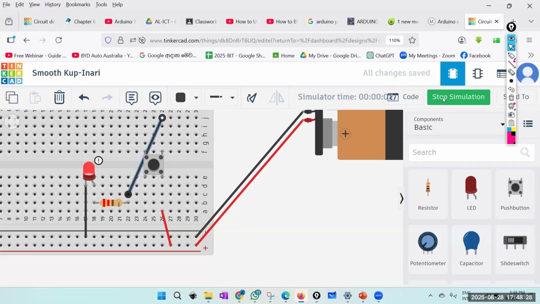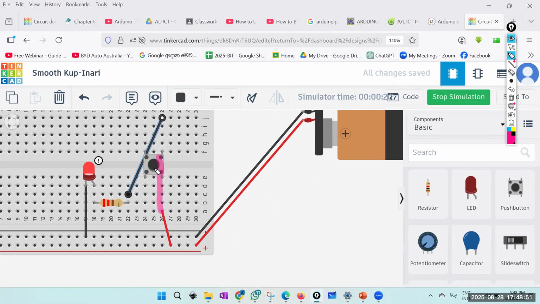Now you can see, without pushing also it is working, because the connectivity is like this. Now without pushing also the light is on. The reason is electricity goes like this, and even without pushing, this is connected to this.